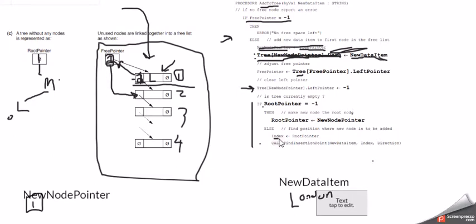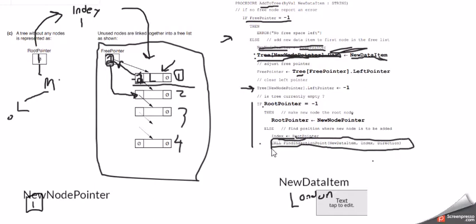We then put our root pointer, which is 1, into a variable called index, which would equal 1. We then run this function, which will do the job of putting it in the right place for us in the tree by going left and right. And that is adding to the tree.